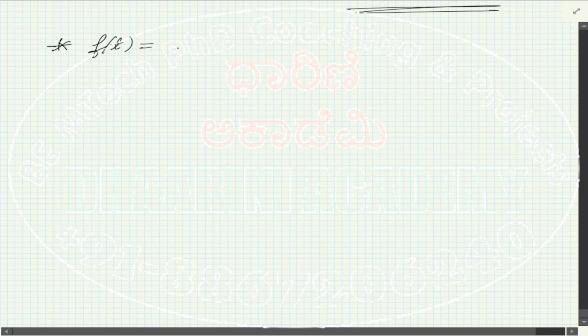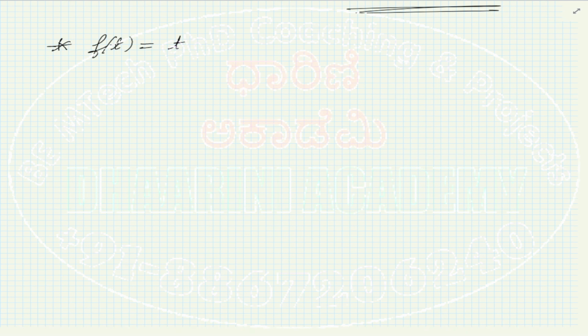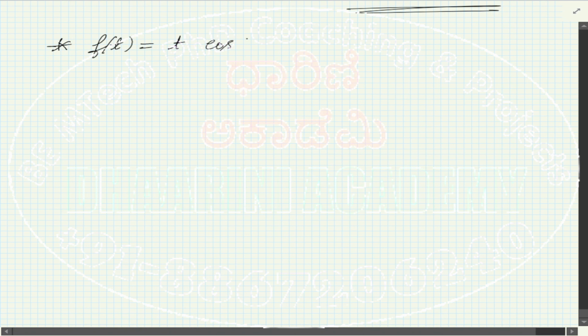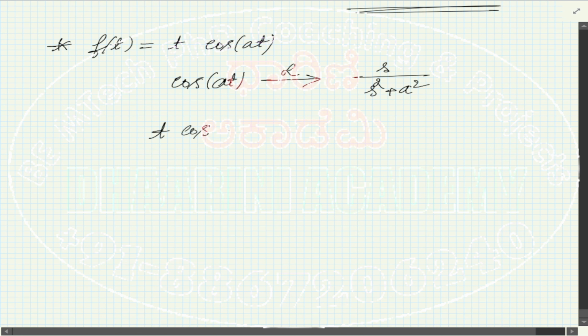f of t is equal to t times cos at. So we know the very standard result that cos at has the Laplace s divided by s square plus a square. Then I can see that this function is multiplied by t. So t into cos at should have the Laplace.